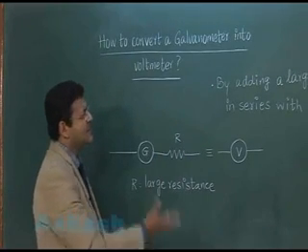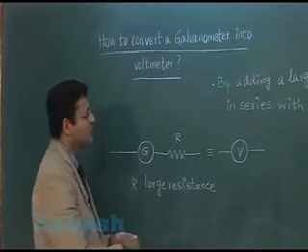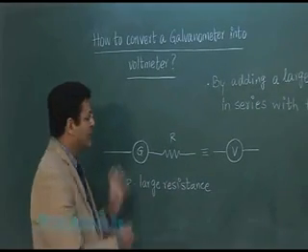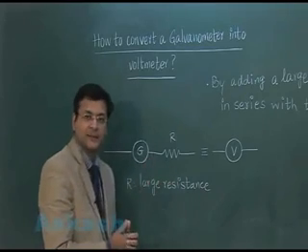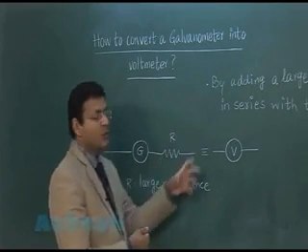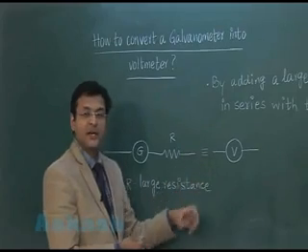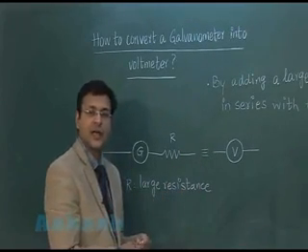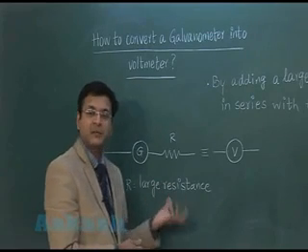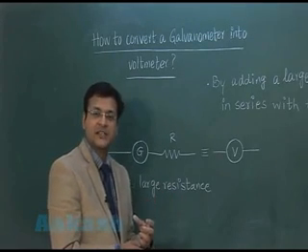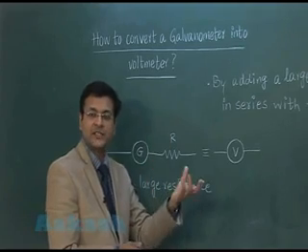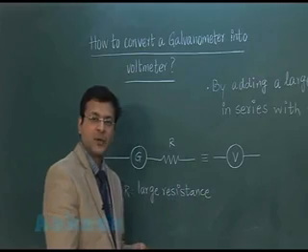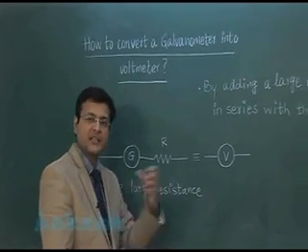Now remember that the same method is used to increase the range of a voltmeter. अभी तो आपने galvanometer को voltmeter में convert किया है. Now इसी मेथड को यूज करके आप वोल्टमीटर का रेंज इंक्रीज कर सकते हैं, as you had done for the case of an ammeter. वहां भी आपने देखा था कि जिस तरीके से गैल्वेनोमीटर में पैरेलल कुछ स्मॉल रेजिस्टेंस लगा के उसको एमीटर में कन्वर्ट किया था, उसी मेथड को यूज करके एमीटर का रेंज इंक्रीज किया.